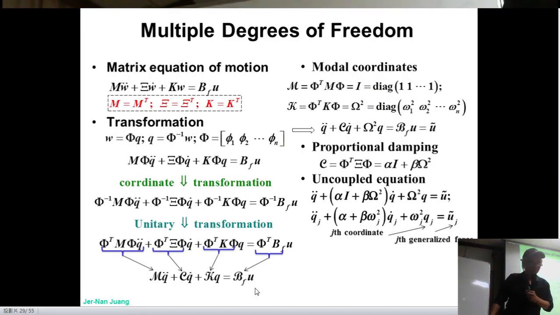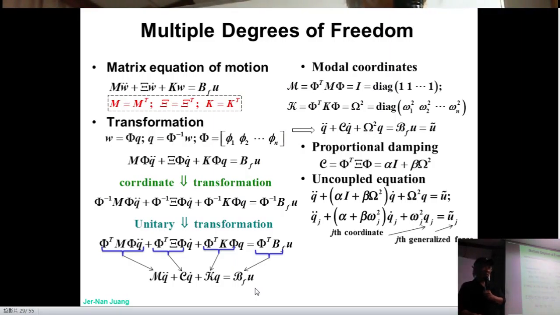Any symmetric matrix, you can always find a unitary matrix such that the transform matrix phi transpose equal to phi inverse.